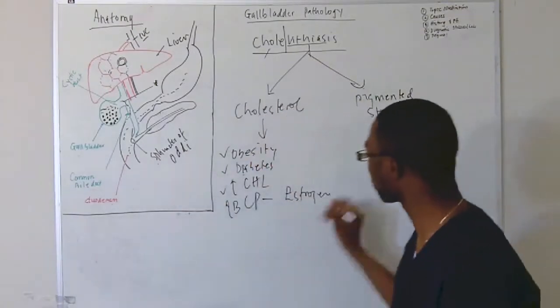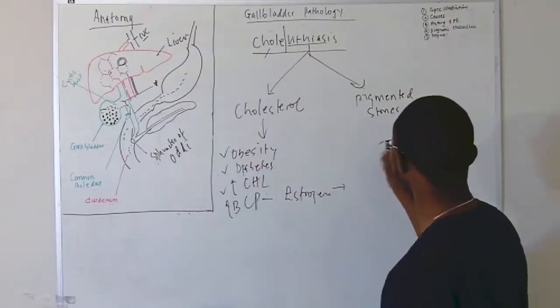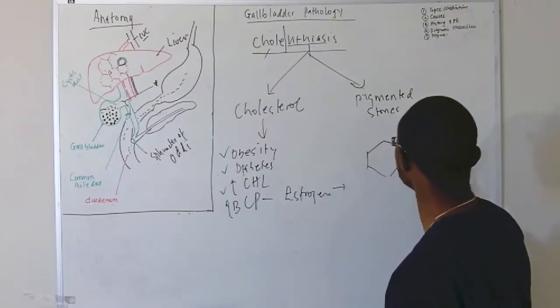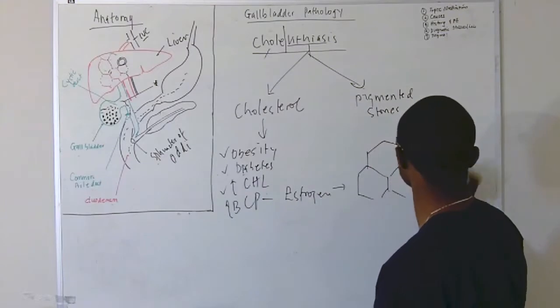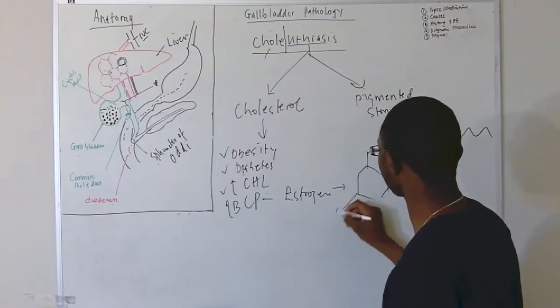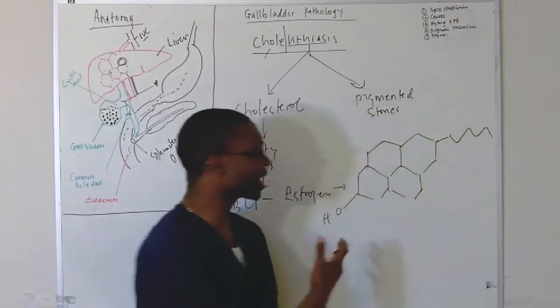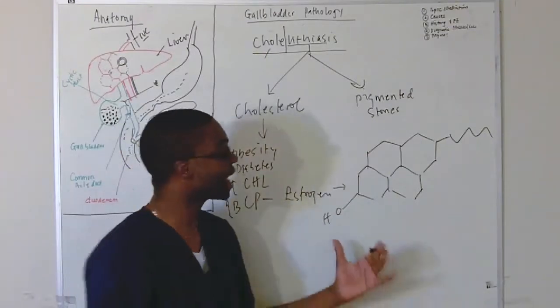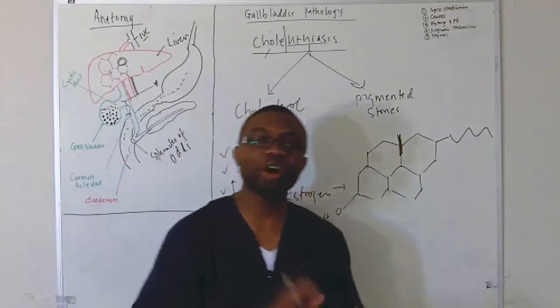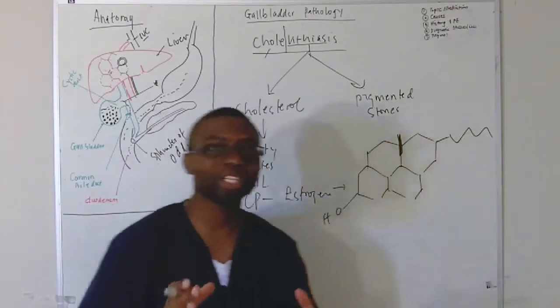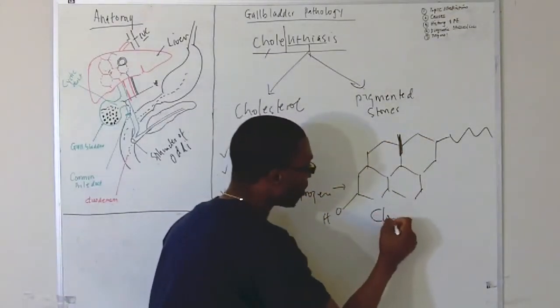Let me show you something real quick. Estrogen is made out of this compound. I can't believe I'm drawing organic chemistry on the board, but yes, I am. Because everything makes sense if you understand the whole picture. This is cholesterol.